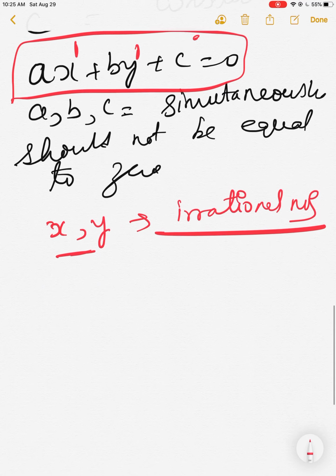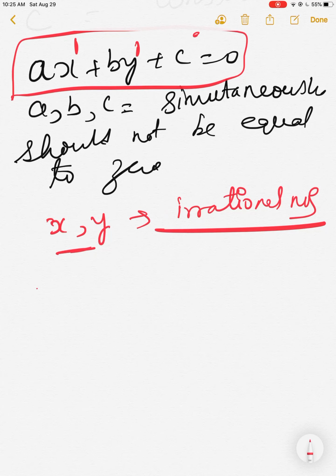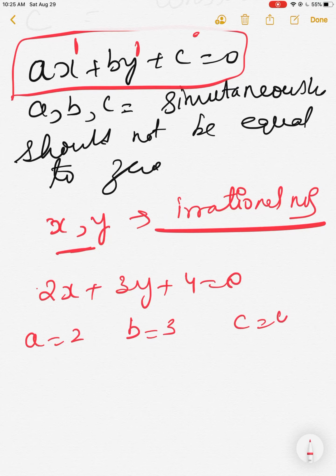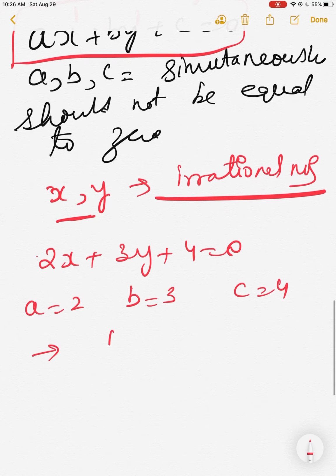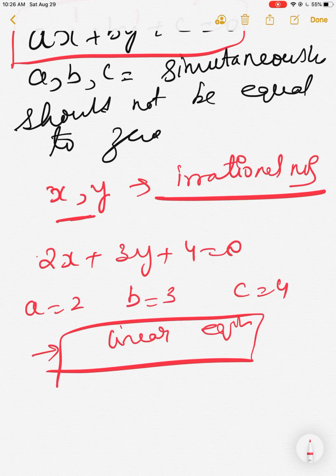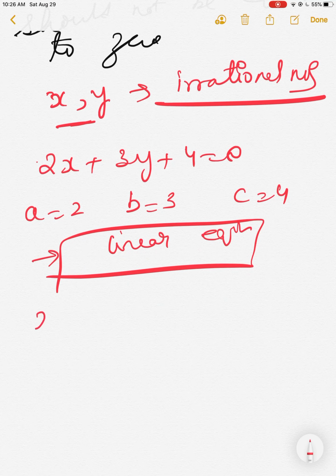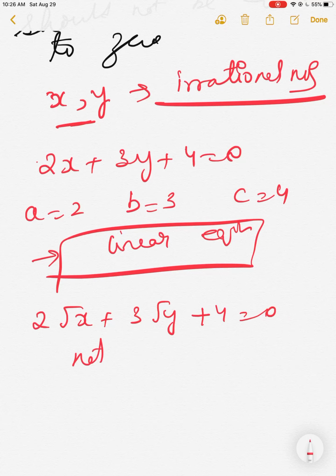Okay, supposing let us take an equation, so see an example: 2x plus 3y plus 4 is equal to 0. Here a is equal to 2, b is equal to 3 and c is equal to 4. So this is a linear equation. Supposing if I write 2 root x plus 3 root y plus 4 is equal to 0, it is not a linear equation. Why?